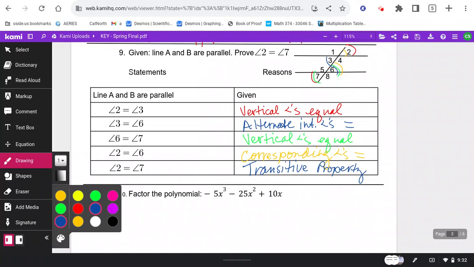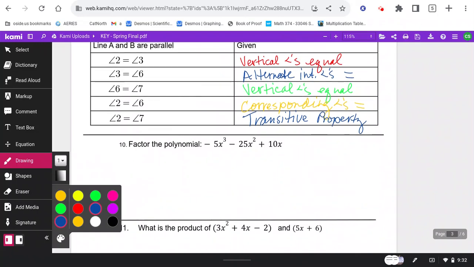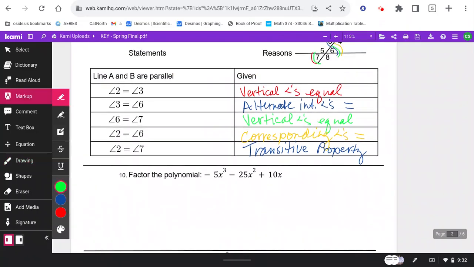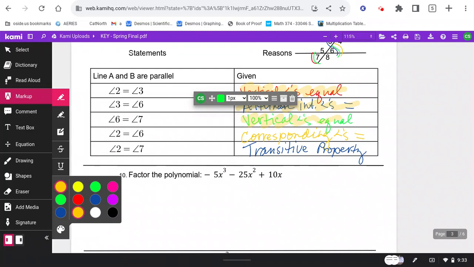So it's like moving down the line. If this and this are equal, and this are equal, and this is equal to this, then the original is equal to the final. And that's called the transitive property. But what was this activity about? Why did they have you look at this picture? They wanted you to be able to recognize all these little rules that might come up on your test.